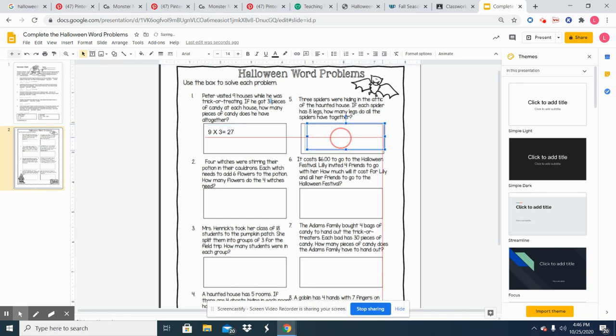I'm sorry, I forgot to say that you have to put the units. So 27 what? Well, what was the question? How many pieces of candy does he have altogether? So you're going to put 27, and they asked for pieces of candy. Was that the information they wanted? Was the answer the unit?